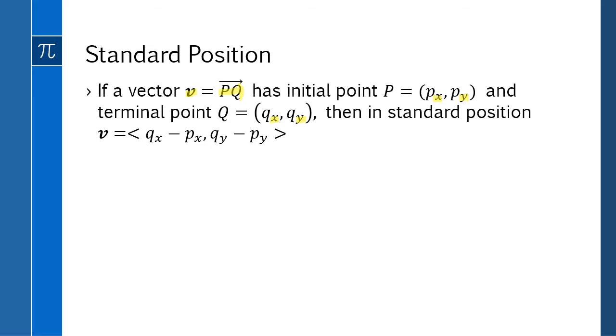And this would be the terminal point minus the initial point. Notice that it's subtracting the x coordinates, q minus p, and subtracting the y coordinates, q minus p. So this is terminal minus initial.